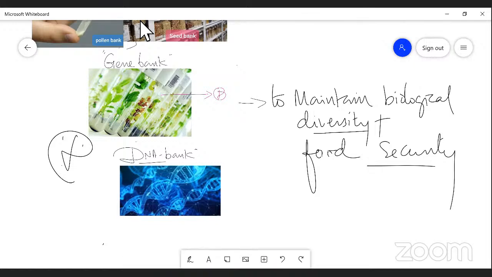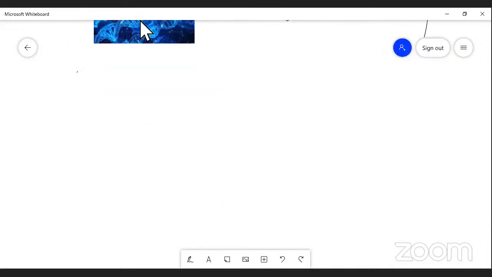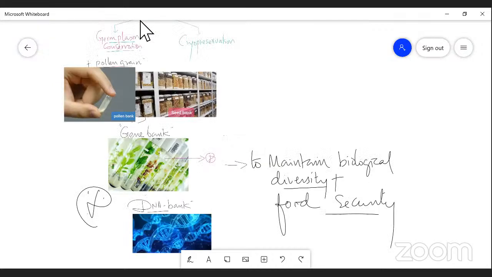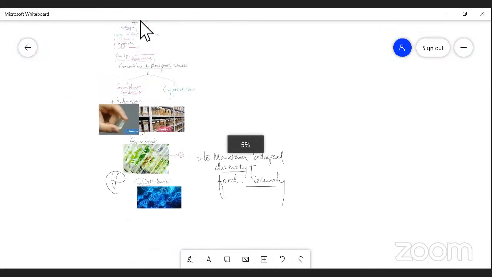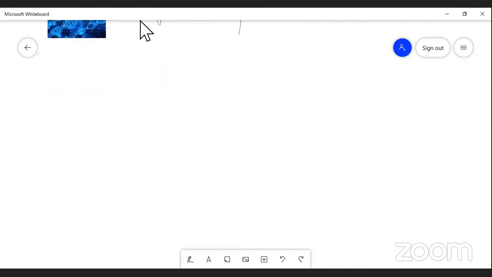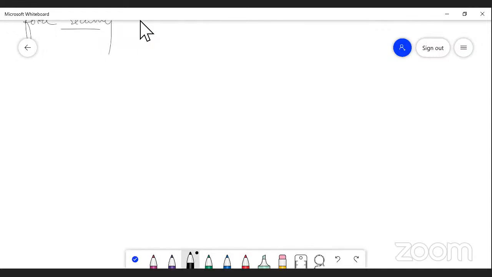Okay, next we pass on to cryo preservation. So far we have discussed only germplasm conservation, my dear students. Now I am going to talk about cryo preservation. Cryo preservation is the preservation of protoplast, cells, cell organelles, tissues, or extracellular matrix at extreme temperature, minus 196 degrees Celsius.